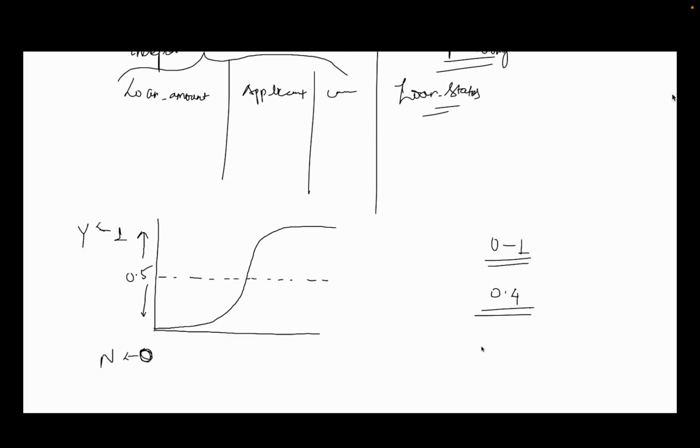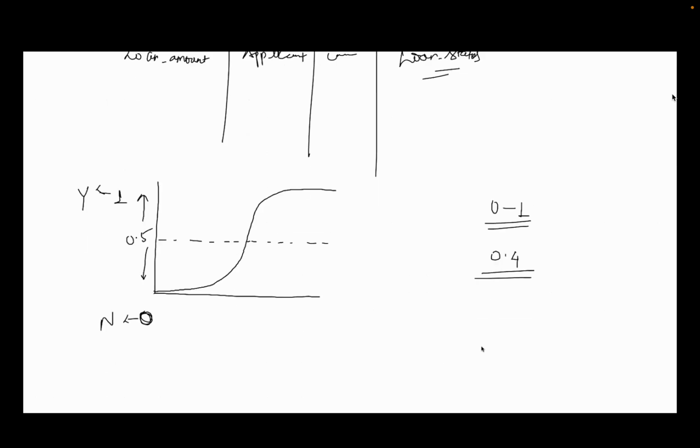How is this happening? This is happening because of the sigmoid function, because it is converting your target number into a probability number or probability likelihood, with the help of which you can judge that your category is going to be either 0 or no, or 1 or yes.